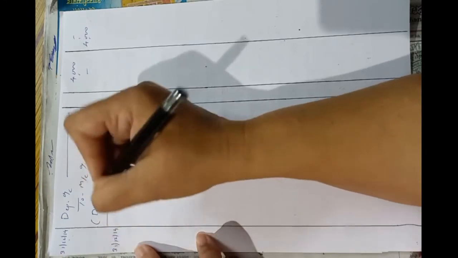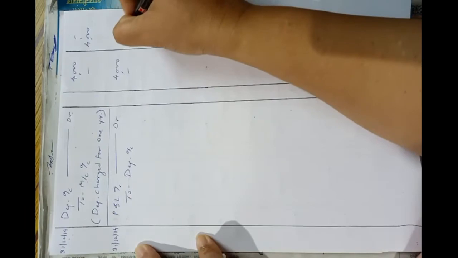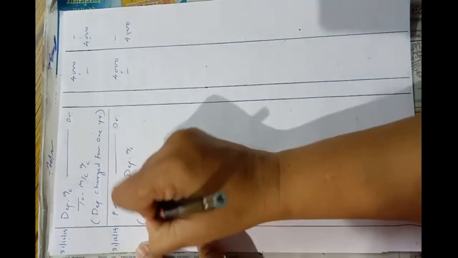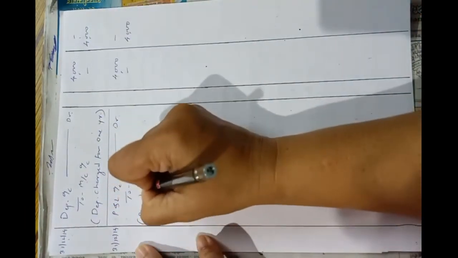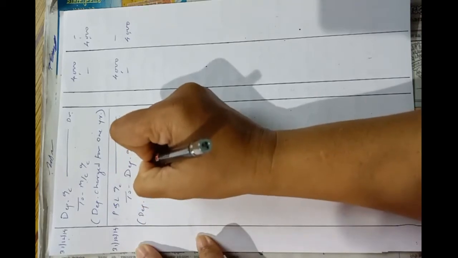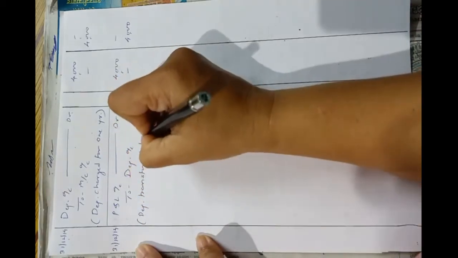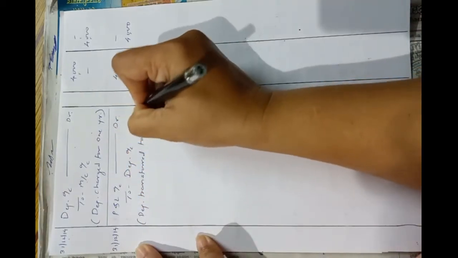इयर एंडिंगला डेप्रिसिएशनची अमाऊंट प्रॉफिट अँड लॉस अकाउंटला ट्रान्सफर करायची असते, लक्षात ठेवा. सो प्रॉफिट अँड लॉस अकाउंट डेबिट 4000 टू डेप्रिसिएशन अकाउंट 4000. अमाऊंट ऑफ डेप्रिसिएशन ट्रान्सफर्ड to profit and loss account.